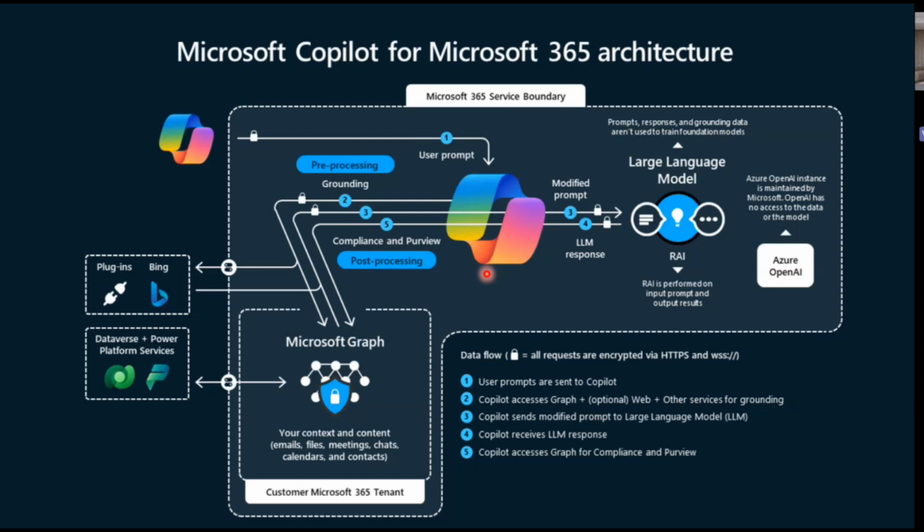From grounding, it goes to Microsoft Graph. Microsoft Graph is an API provided by Microsoft, which is more into reading your context, your content, your email, files, every data.